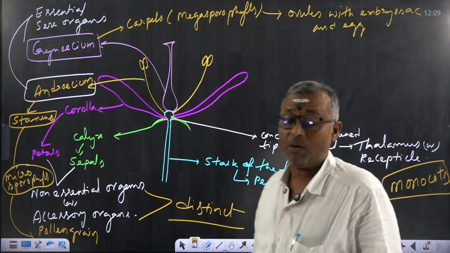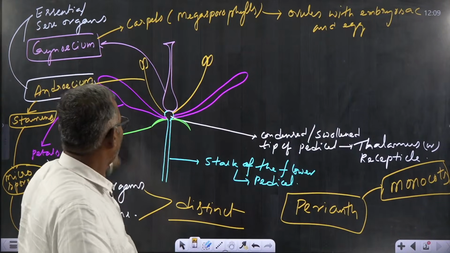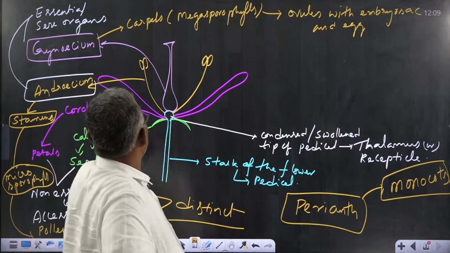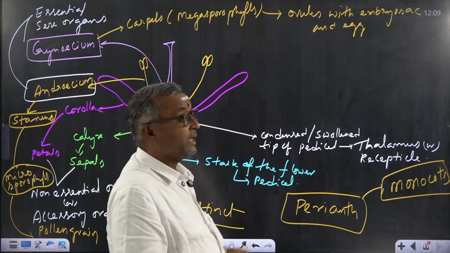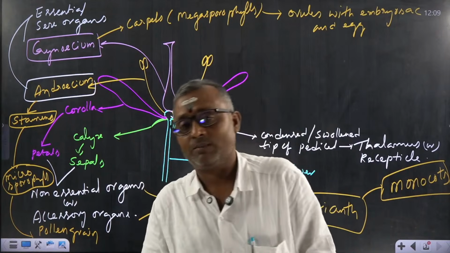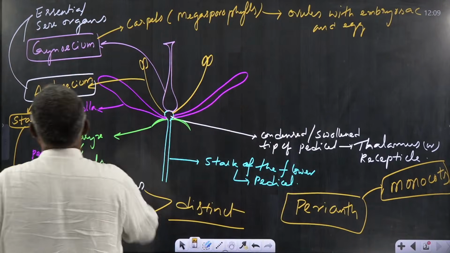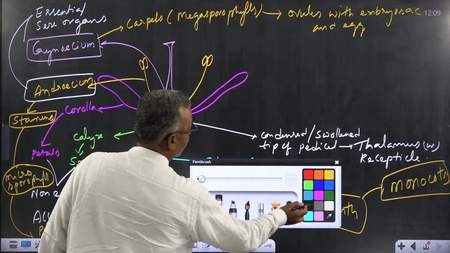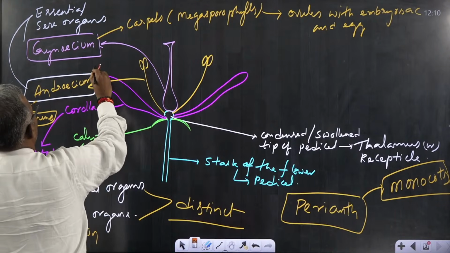Next, apart from this, look at here. Here I have shown a flower where I am representing both androecium and gynoecium. If a flower contains both androecium and gynoecium, androecium represents the male sex organ. What is it? Male sex organ. Androecium is the male sex organ.